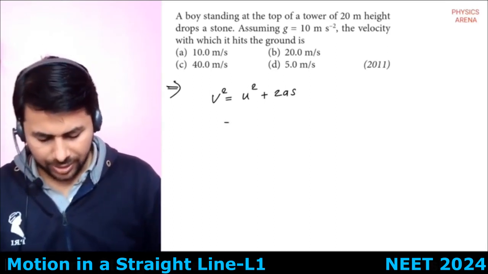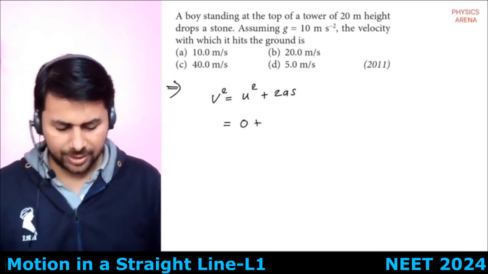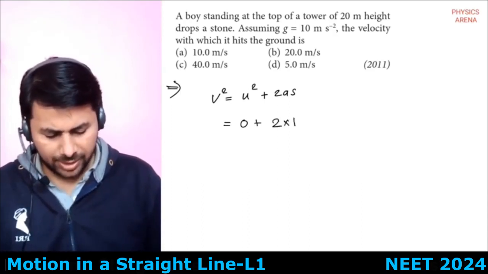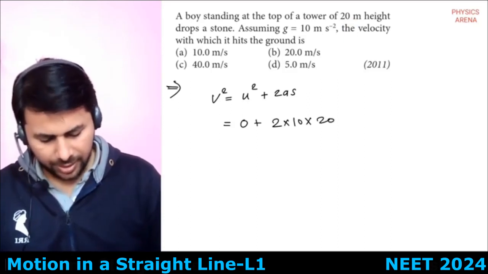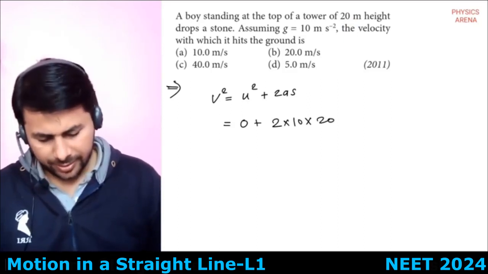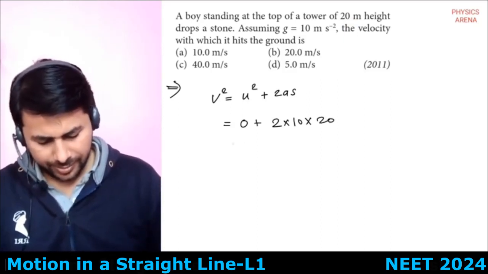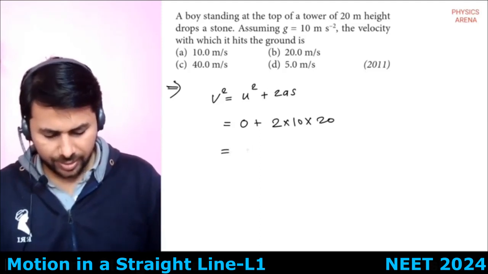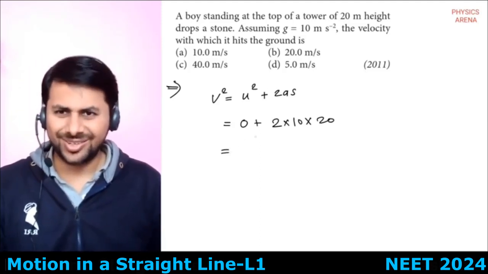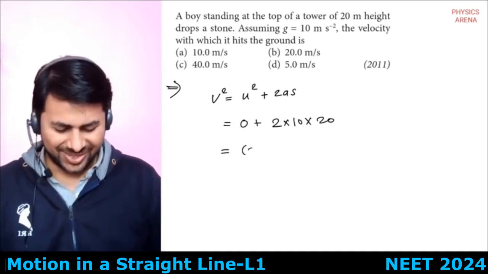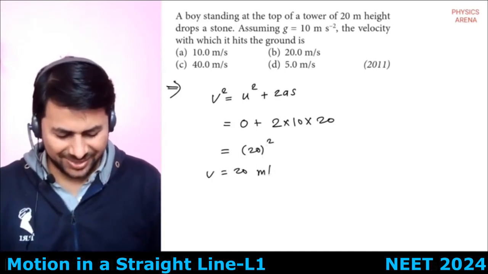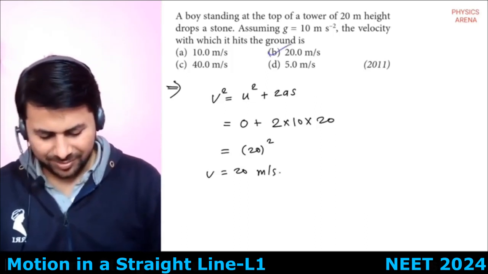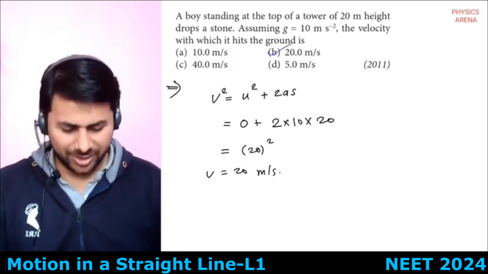Initial velocity is not given, that means it is 0. Plus 2 times g is 10 multiplied by s is 20. So this is 20 square. You said B or D? Okay, sorry, B for Bombay. So v is equal to 20. It's option B. So another straightforward question.